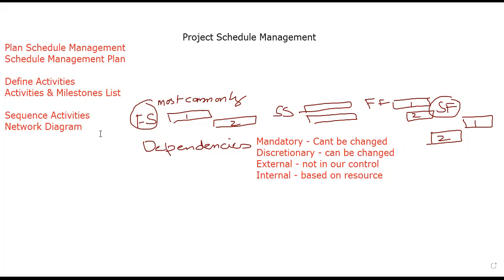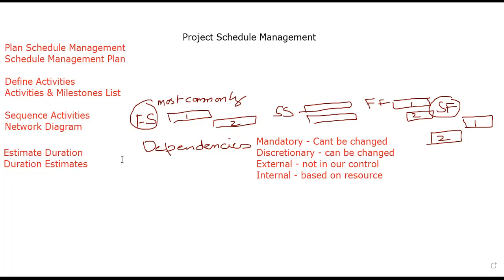Once we have activities, and once we have sequenced them, now we will estimate durations, and the output will be the duration estimates and the basis of estimates. For estimations, we have already discussed this, and let me repeat it again.